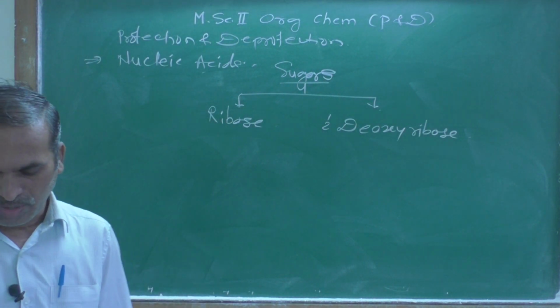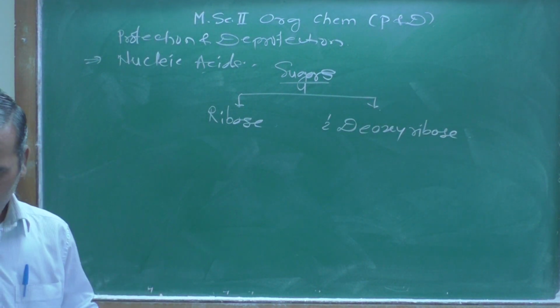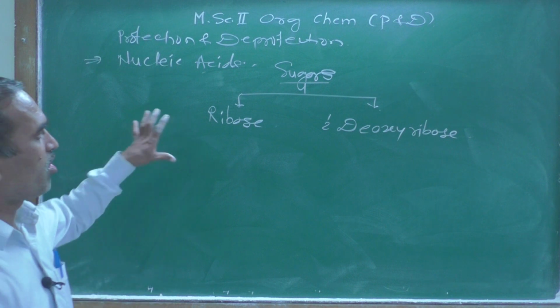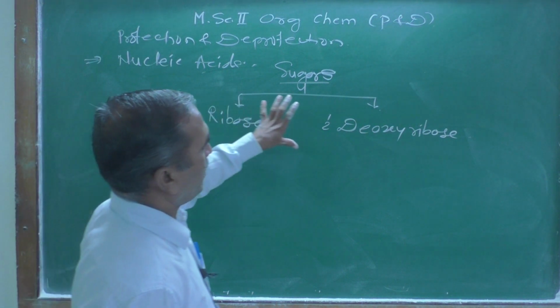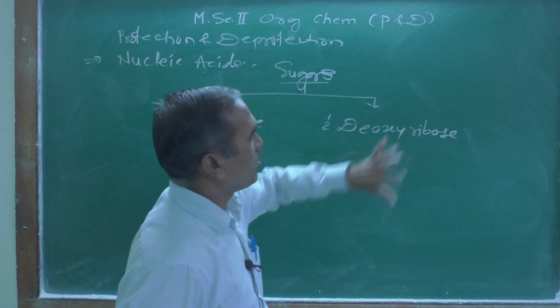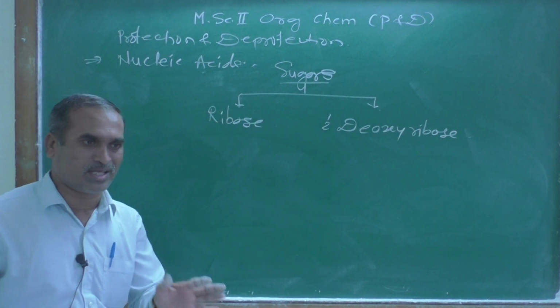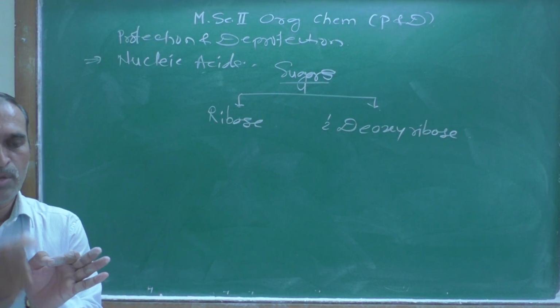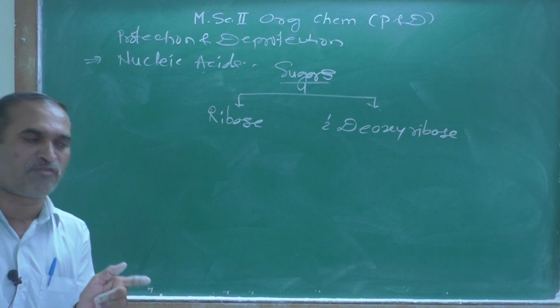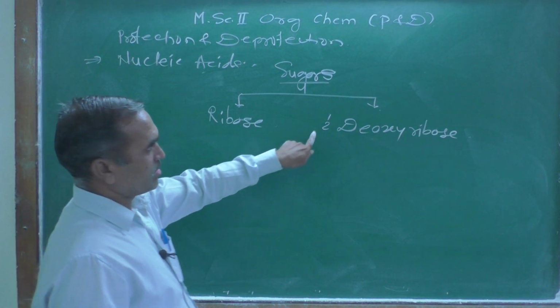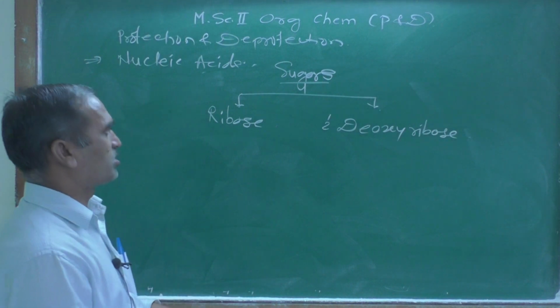They are 5-membered rings. Now what will be the structure of ribose and 2' deoxyribose? Deoxy means there is a removal of oxygen, or a deficiency of oxygen. That's why it is termed deoxyribose.